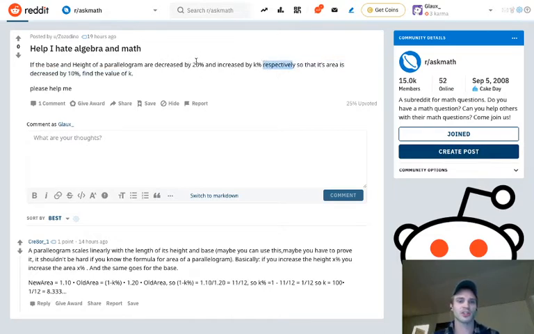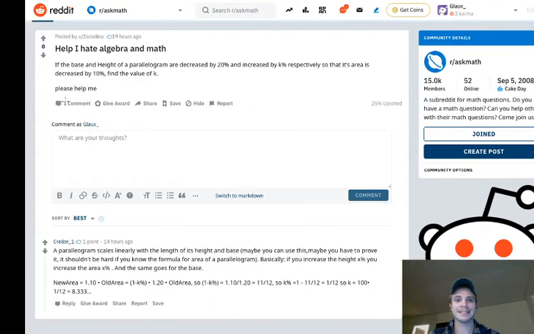What this tells you is that the base decreased by 20% and the height increased by k%. So base goes down by 20%, height goes up by k%, and then this causes the area to decrease by 10%. So let's see if we can express that all algebraically.